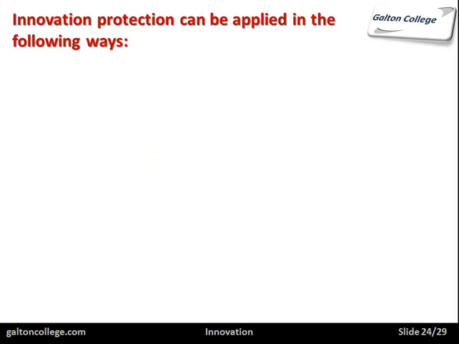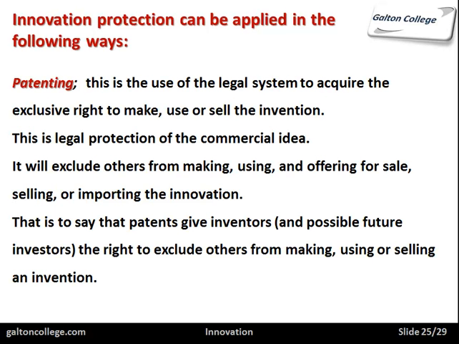Now, innovation protection can be applied in the following ways: by patenting, by registering a legal ownership of an idea. So it's the exclusive right to make, use or sell the innovation. This is legal protection of the commercial idea.